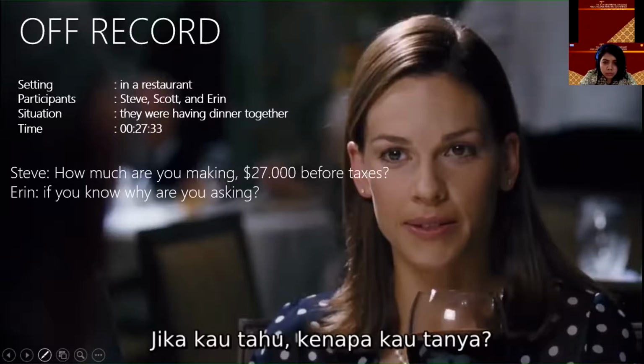So Erin wanted to be polite, but also wanted to be direct. So she used off-record to give a clue by saying, "If you know, why are you asking?" Steve actually said, "How much are you making?" and the husband answered, "$27,000 before taxes." Then Erin couldn't control her emotions, so she responded, "If you know, why are you asking?"